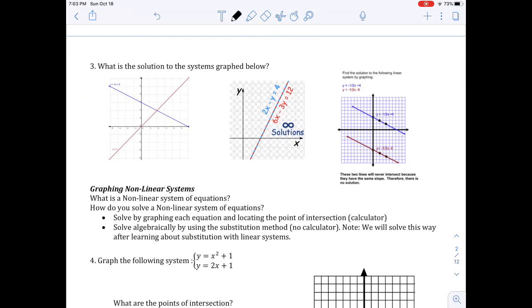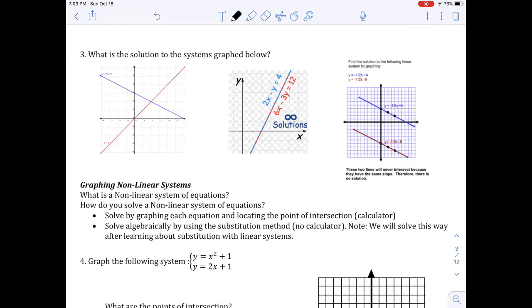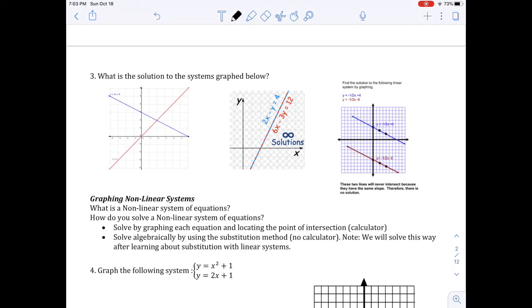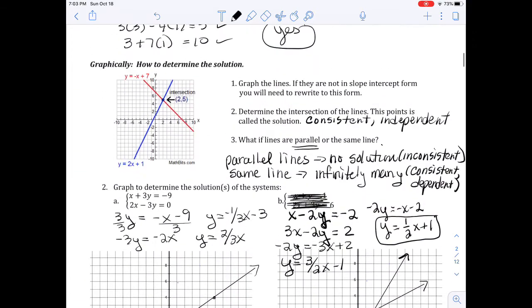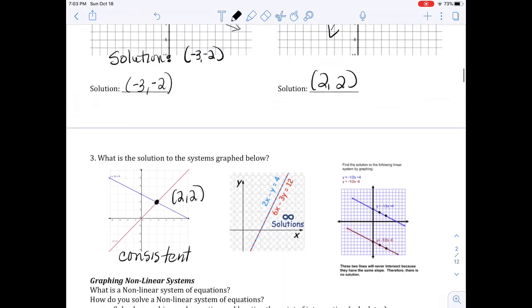All right, so let's review that. This is one intersection point, right? That solution is 2, 2, just like the one we just did, and that is consistent. If we go back up and look, that is consistent independent.